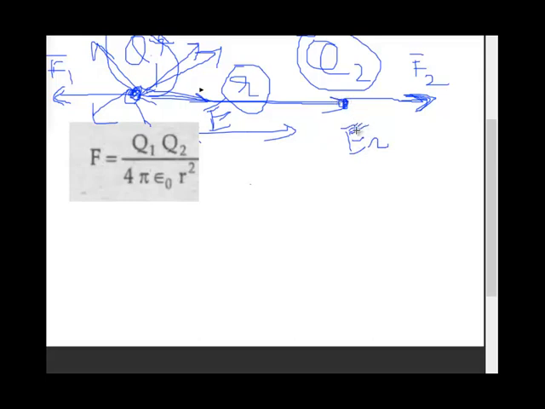It is nothing but a field radiated by charge Q1, and it is coming to charge Q2, so it will be called E2 at point P. It is given as Q1 upon 4 pi epsilon naught into R square. So let me directly paste the formula, it will be better.